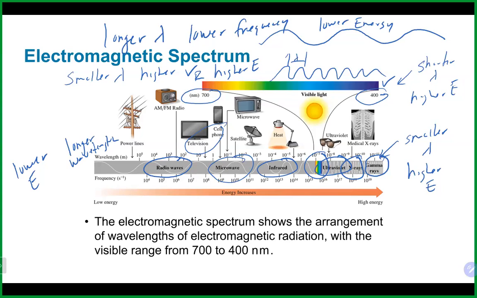When the electron goes from a higher energy level down to a lower energy level, the atom needs to lose energy to do that. It's got to allow the electron to come back down. So when electrons transfer from lower to higher, everybody's gaining energy. And when they go from higher to lower, the atom is releasing that energy in the form of a wave, which will correspond somewhere here. Any questions on that?